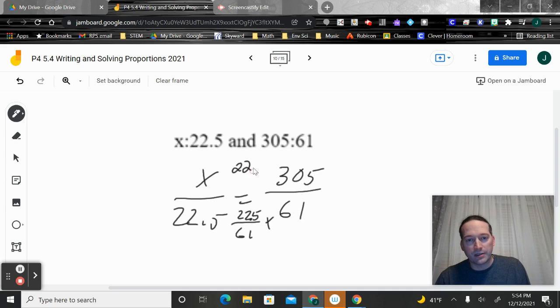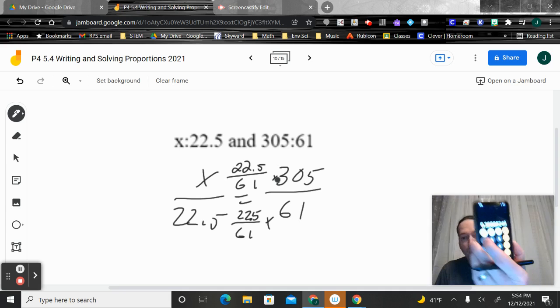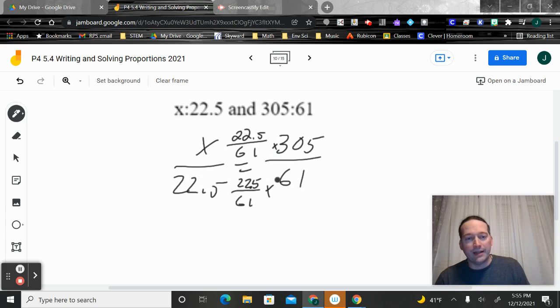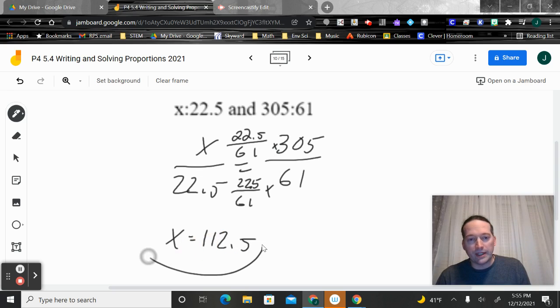So I come to the numerator, multiply it by 22.5 over 61. So 22.5 divided by 61 is one ugly number. Totally fine. Let the calculator do the work for you. Now I multiply that by 305, and it comes out to be 112.5. So x is 112.5.